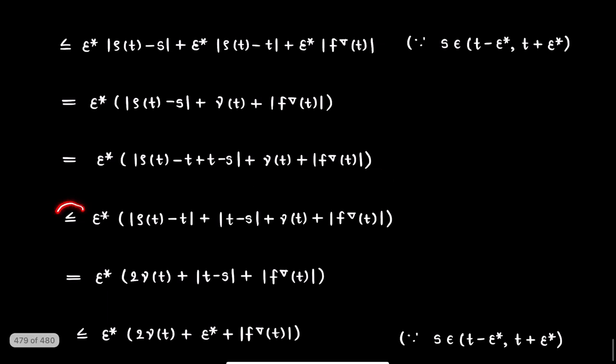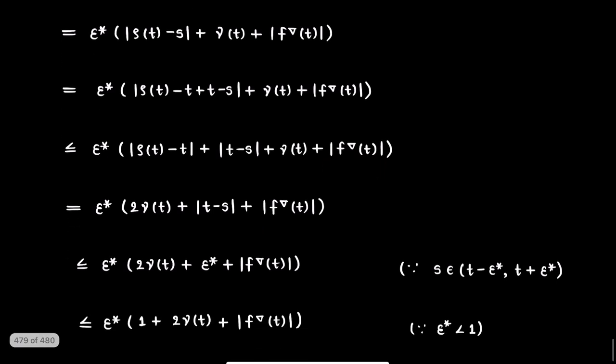Now this will be less than or equal to epsilon star multiplied by modulus of ρ(t) minus t, plus modulus of t minus s, plus ν(t), plus modulus of f^∇(t) as it is. Now again ρ(t) minus t is ν(t), and this ν(t) will be 2 times ν(t), plus modulus of t minus s as it is, plus modulus of f^∇(t) as it is.